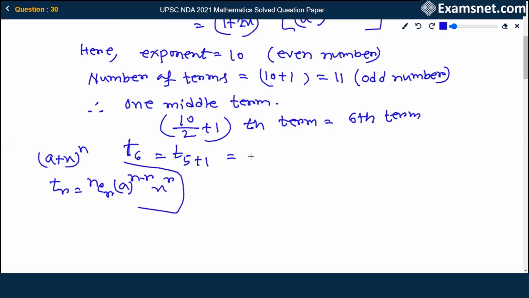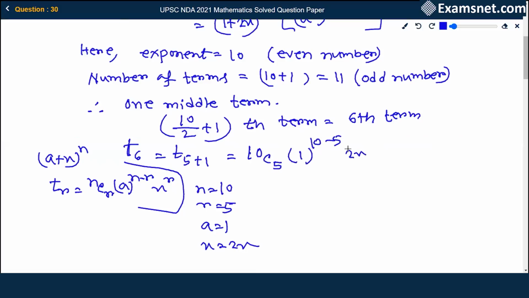That is the formula. We will use the same formula here. In this case, n equals 10 and r equals 5. Also, a equals 1 and x equals 2x. So here we can write 10C5, 1 whole to the power 10 minus 5, 2x whole to the power 5, right?